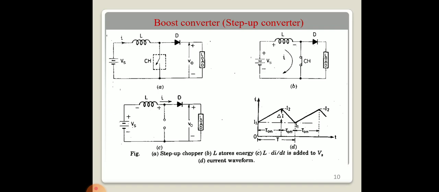When the switch is open, current flows through Vs, L, the diode and the load. During T on time, in the waveform we can see the current increases from I1 to I2, and during T off it reduces from I2 to I1.